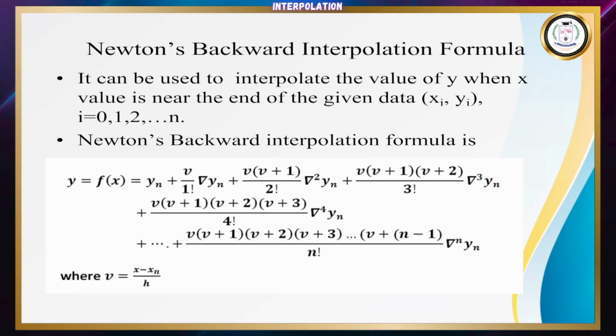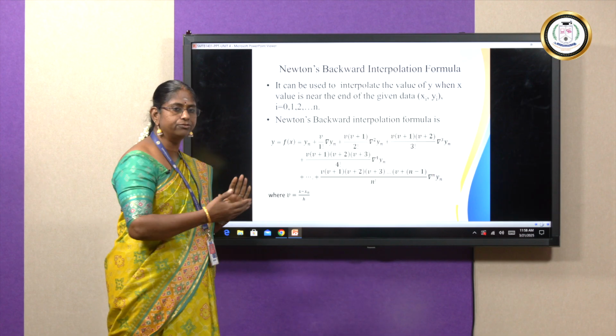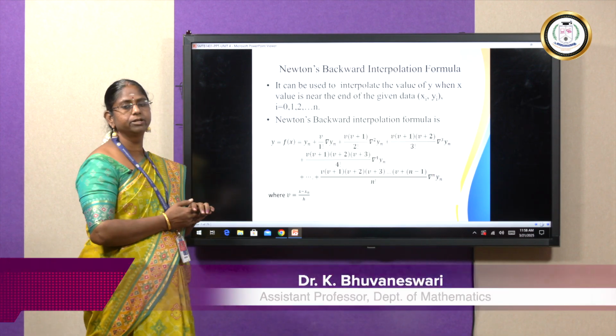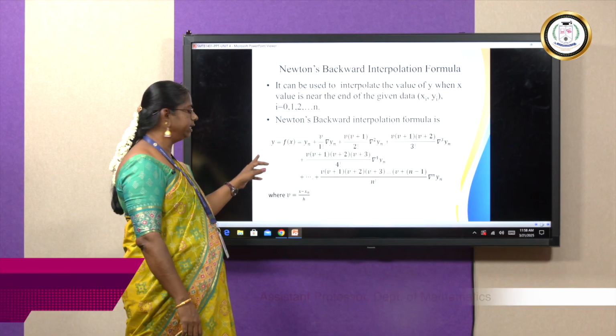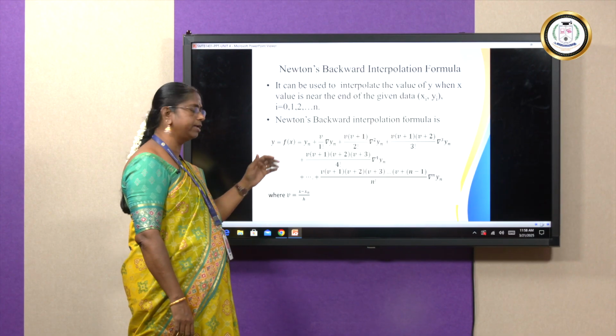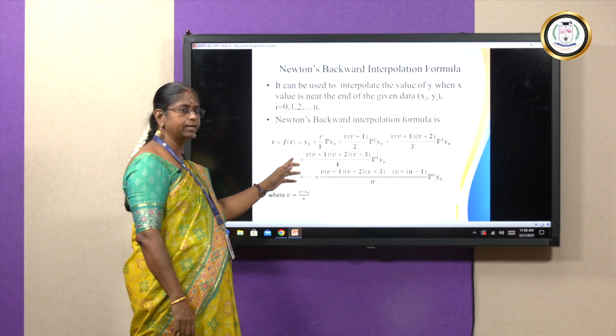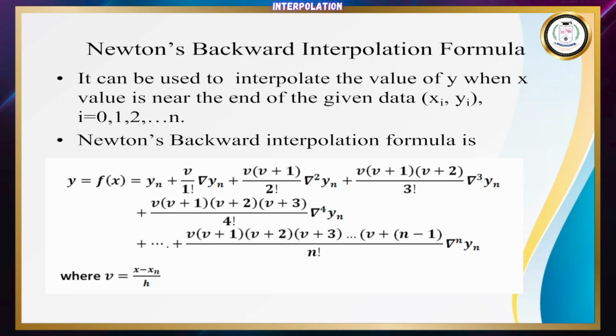And I said that we can use Newton's backward if my x is near the end of the given table, or if it lies outside the table. So what is this formula? y is equal to Pn of x, or you may say it is f of x, that is equal to yn plus v by 1 factorial del yn plus v into v plus 1 by 2 factorial del square yn plus v into v plus 1 into v plus 2 by 3 factorial del cube yn plus and so on.